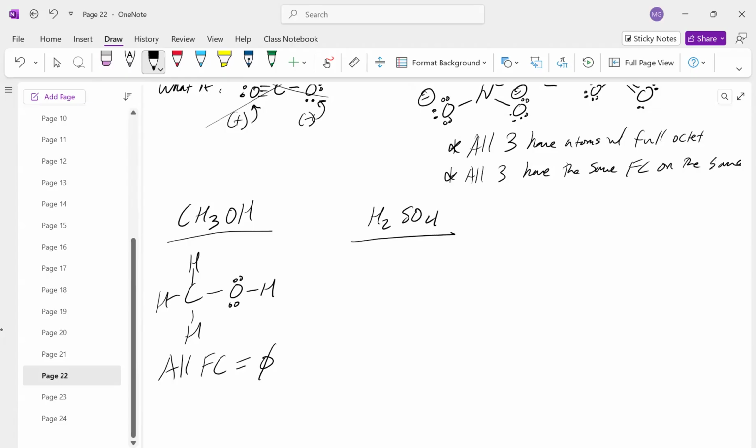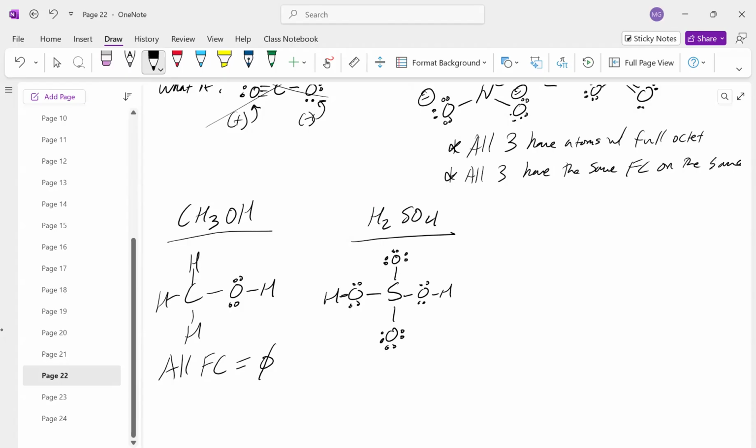Now let's look at sulfuric acid. So at the end of the last page, we had this as our preliminary structure. Now, what I want you to do is, again, pause the video, and if we were to leave sulfuric acid like this, what would the formal charges of all the atoms be?